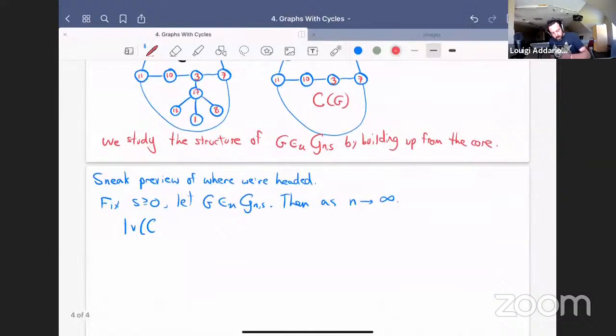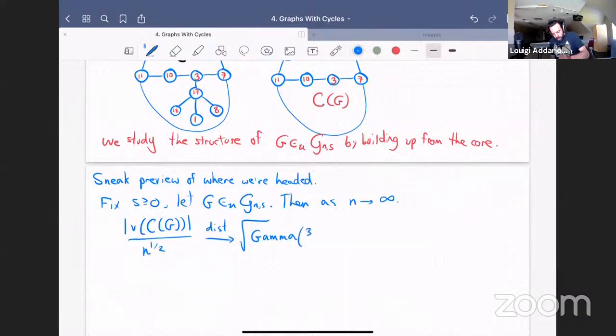The number of vertices in the core again has order n to the half, and if we divide by n to the half, it converges in distribution to the square root of a gamma.